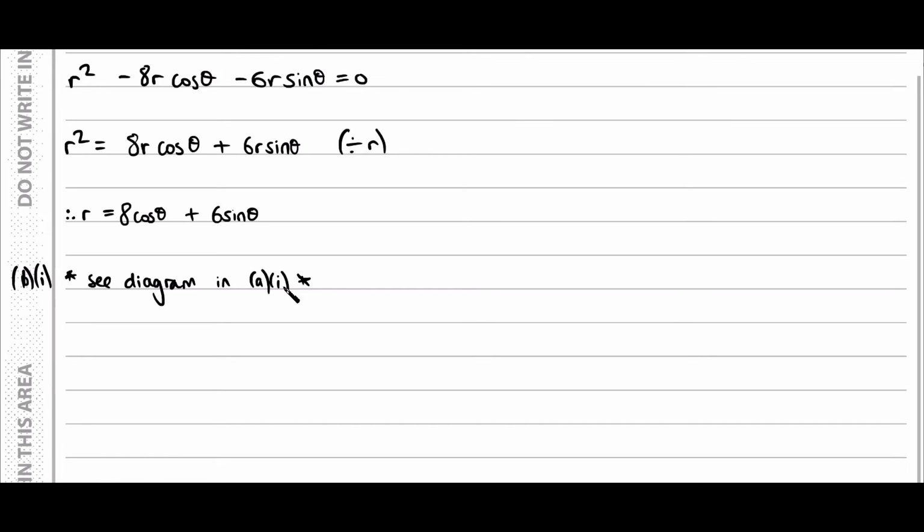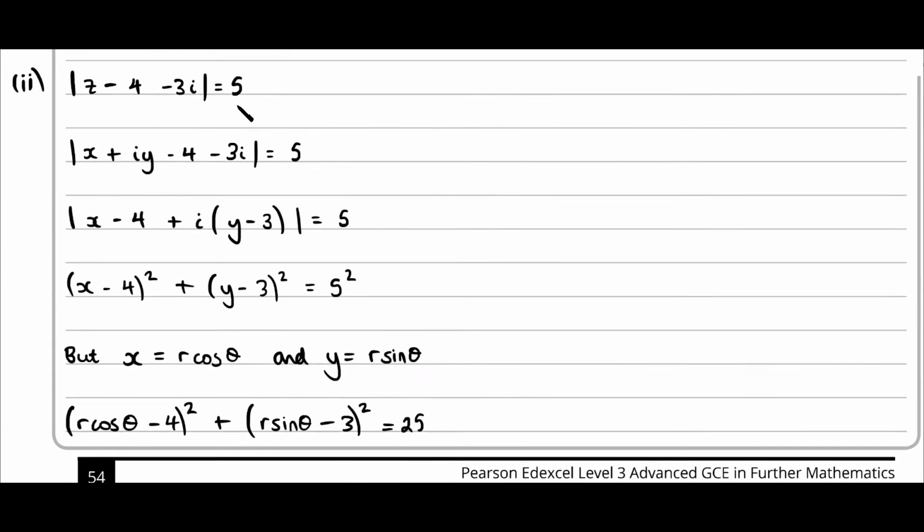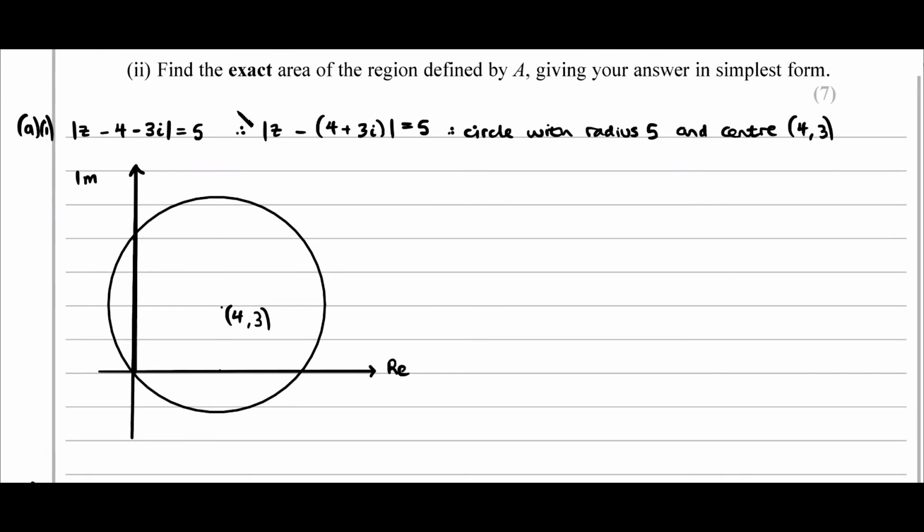If we shade in the locus of points, we have over here, if I just grab a protractor, we have pi over 3, which is 60 degrees. So 60 degrees, that's here. So let's just add that to the diagram.